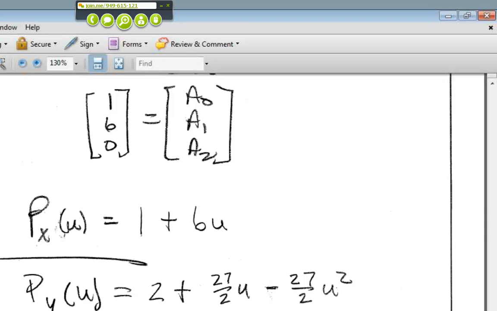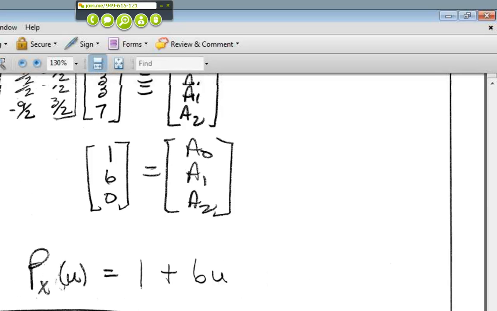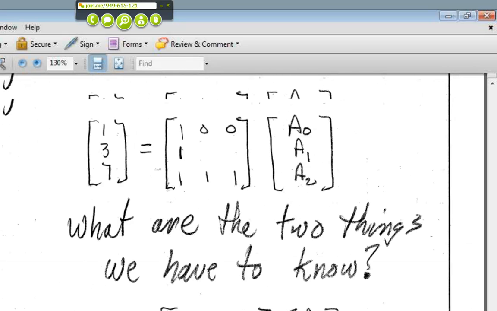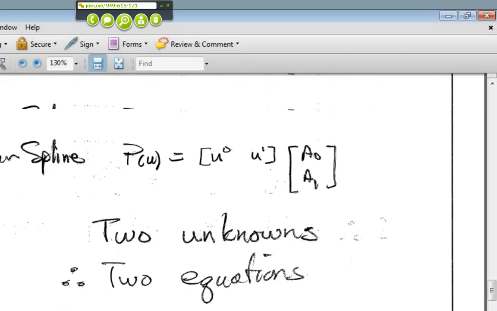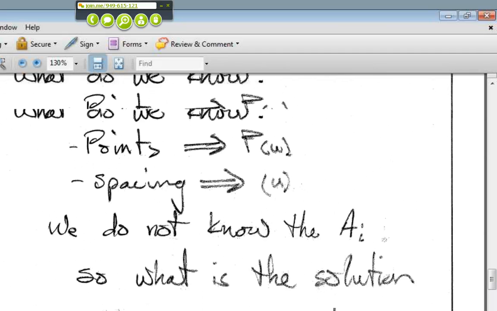It has 4 unknown points. Does it have 4 unknown points? Just two. Why do you say only 2? The endpoints are defined, because the P0 on the right-hand side and the P1 are known.